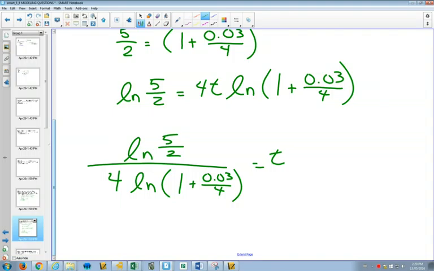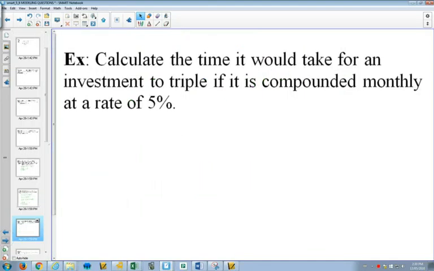Again, you can type that into your calculator, and you know you've typed it into your calculator correctly if you plug it back into the original equation and it works. Again, we won't take the time to do the calculation. I'll leave that for you to practice. You only round at the end.